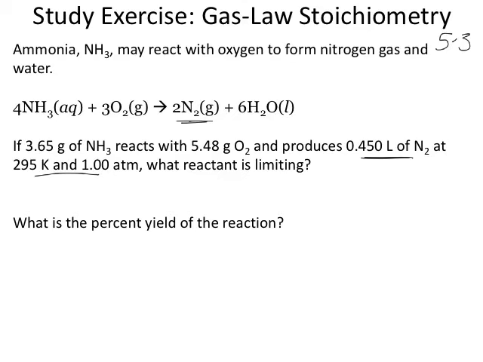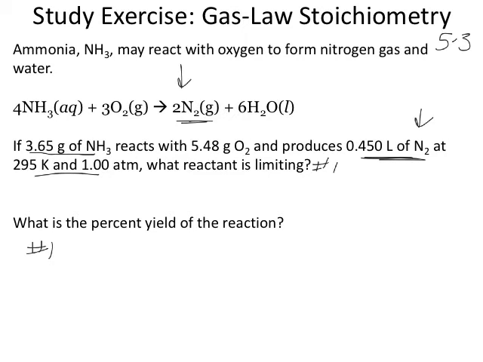So the first thing to do is to figure out, like we always do with limiting reagent problems, we'll make this number 1 here. We'll come down here and we'll solve for number 1. What do you do? You convert the amounts of your reactants into your moles of product.